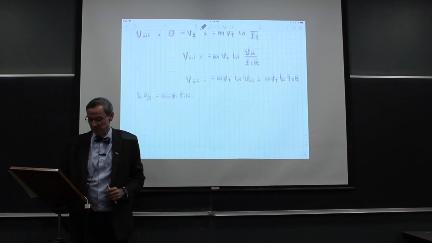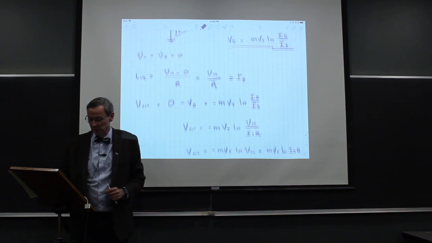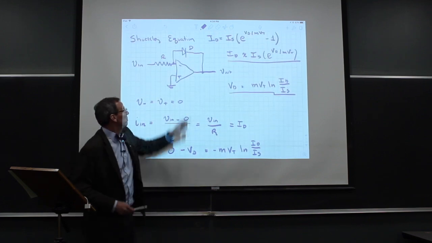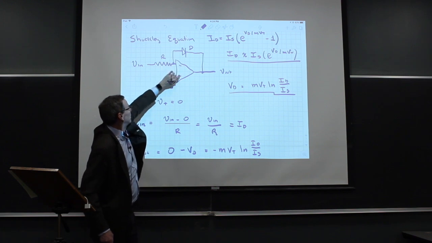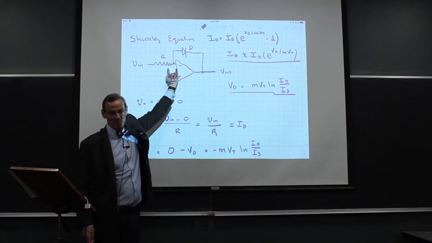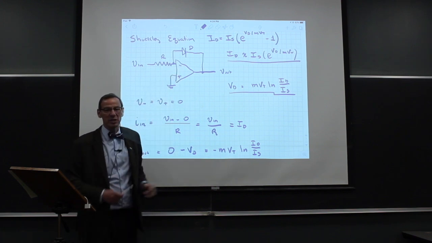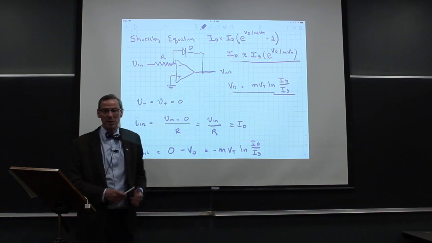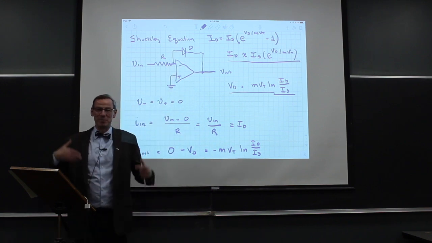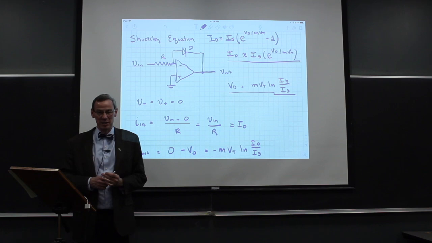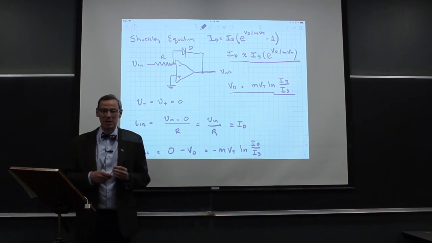We could do something different as well. You can well imagine, I put the diode here and the resistor here. What would happen if I flipped them? And usually when we flip those two components, we get the inverse equation. And the inverse of a log is an exponential.